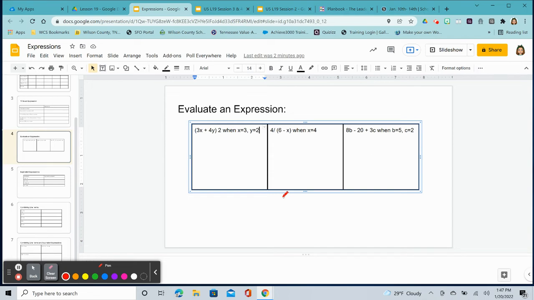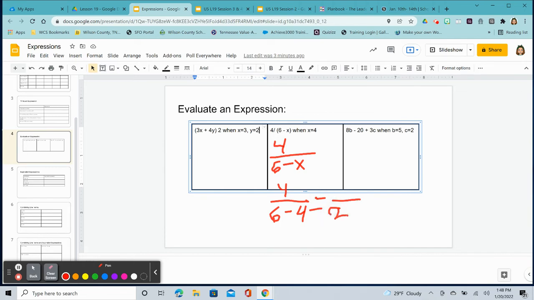The next one I am going to go over with you because in class, many had forgotten that when it's written as a fraction like this one, you would see it like this, okay? And then you substitute the x values. So we have 4, and then 6 minus 4 is the x value. So 6 minus 4 is 2.